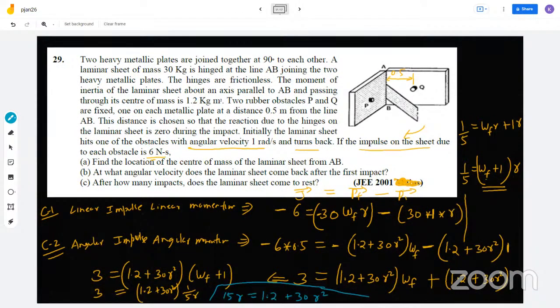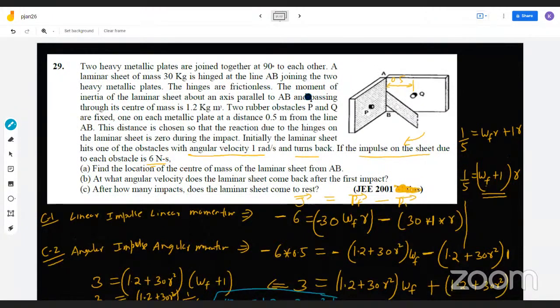What they have given for r? So you get 0.4 and 0.1. 0.4 and 0.1. Okay.